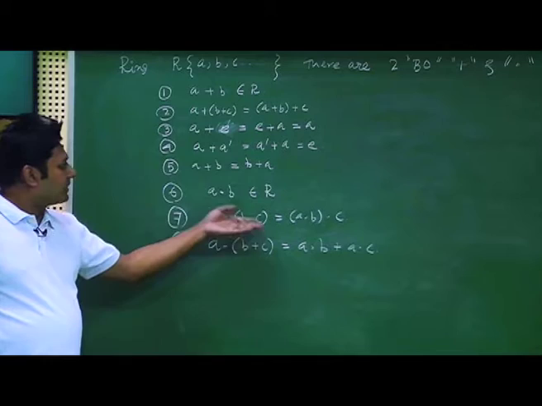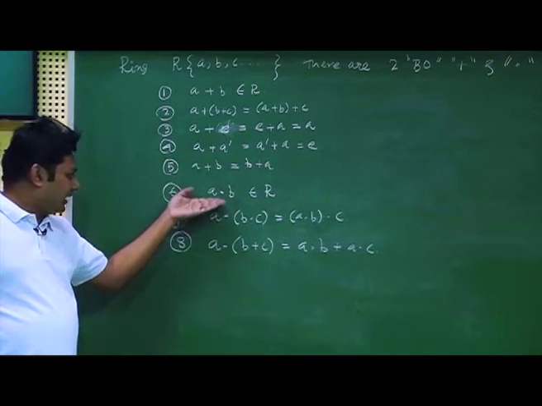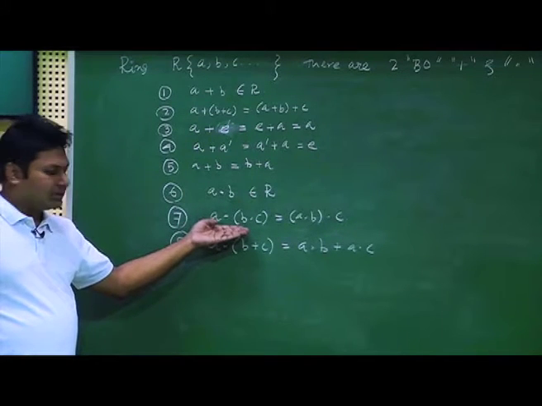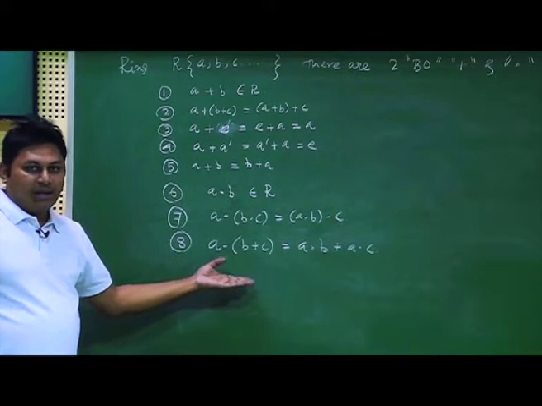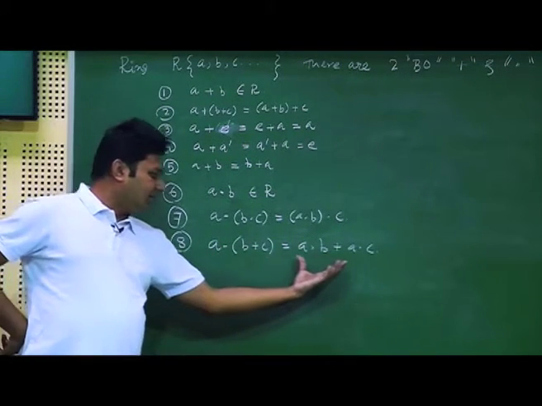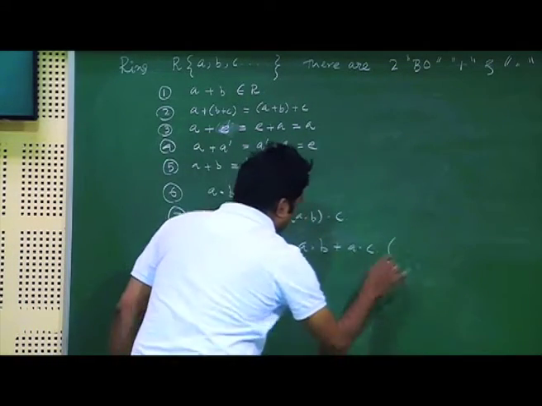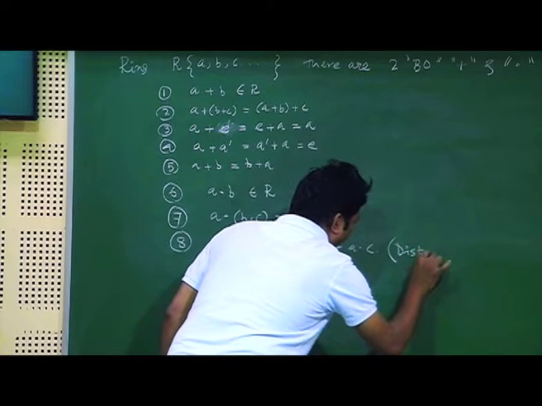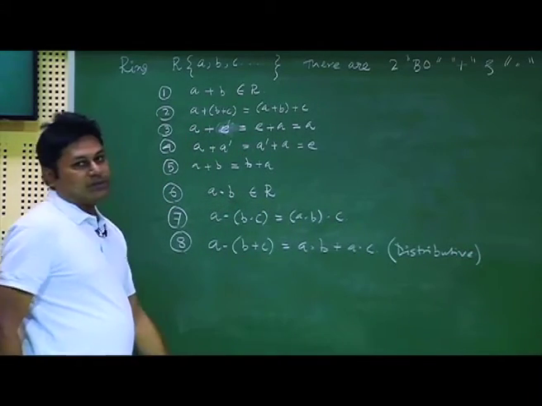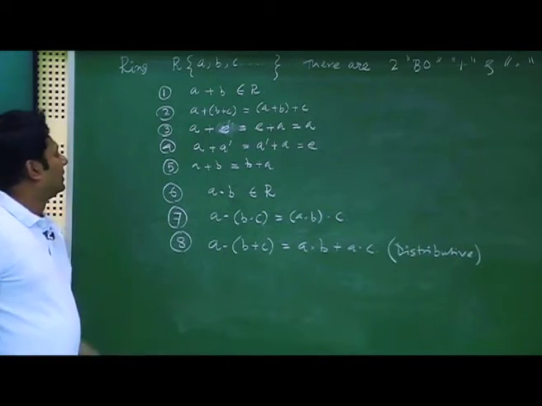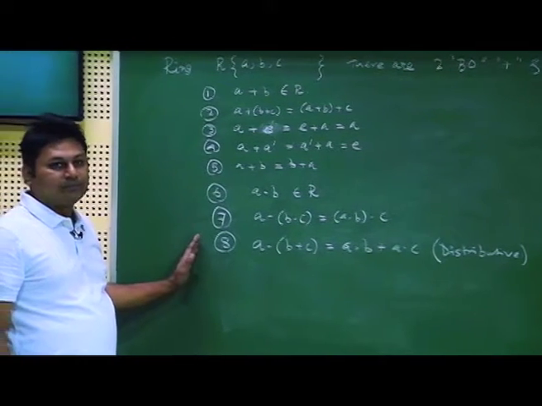Up to seven I operate only one operation, and from here I will operate the other operation, star, dot. Now I am associating plus and dot together, and this is the property that should hold. This property is called the distributive property. So they are distributive.